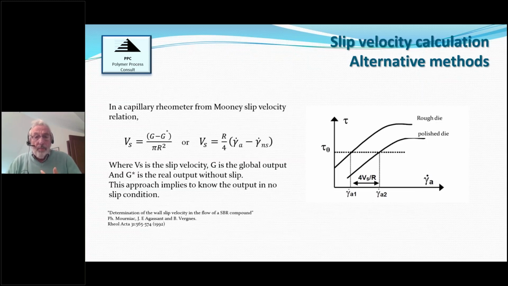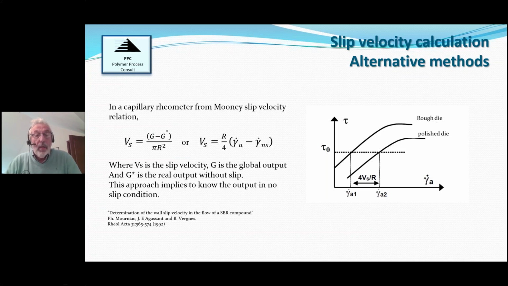So now, using this machine, we can define an alternative method based on some work which has been made at the CEMEF in the south of France. Basically, using the Mooney slip velocity, they propose that the slip velocity is basically the difference in apparent output, so the total output, minus the output from the no slip condition.